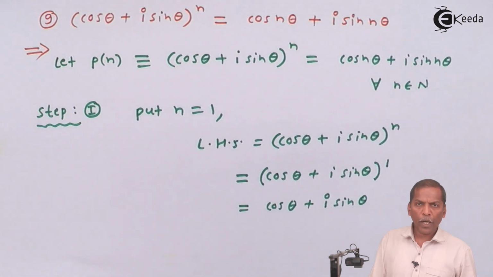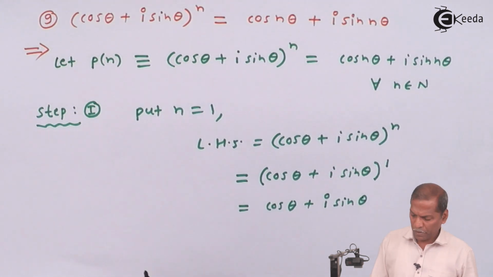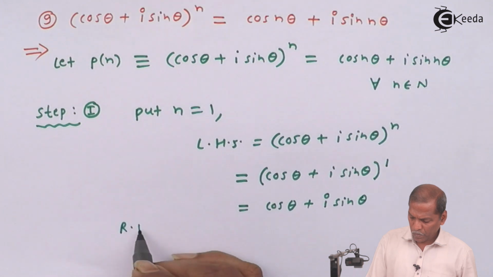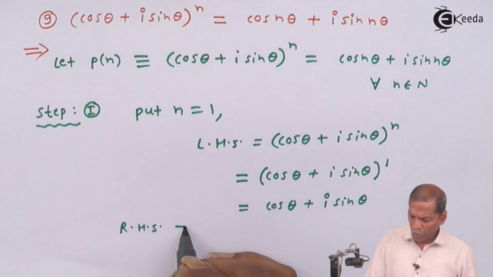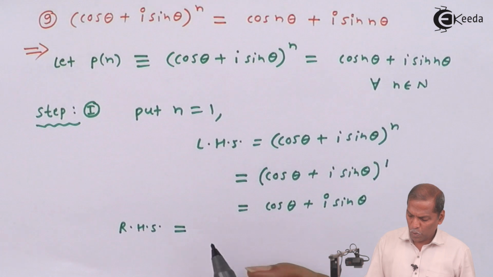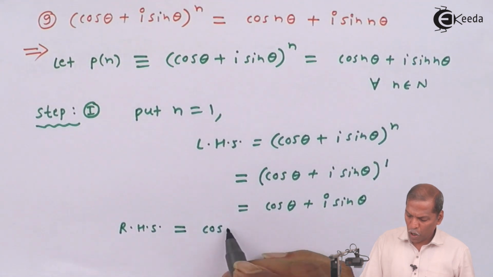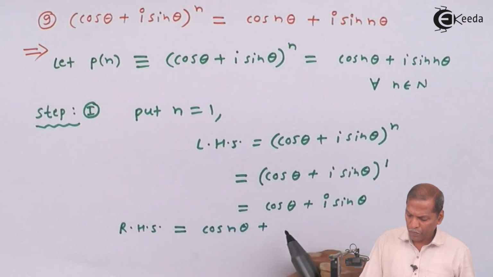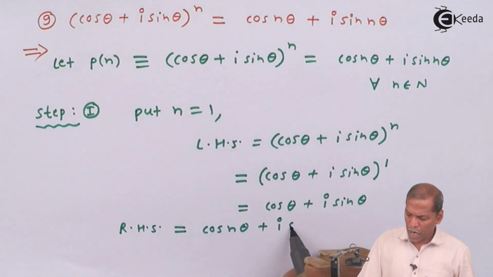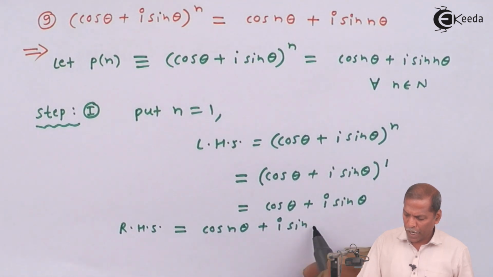Now we consider the right hand side. RHS is equal to cos of n theta plus i sin of n theta.